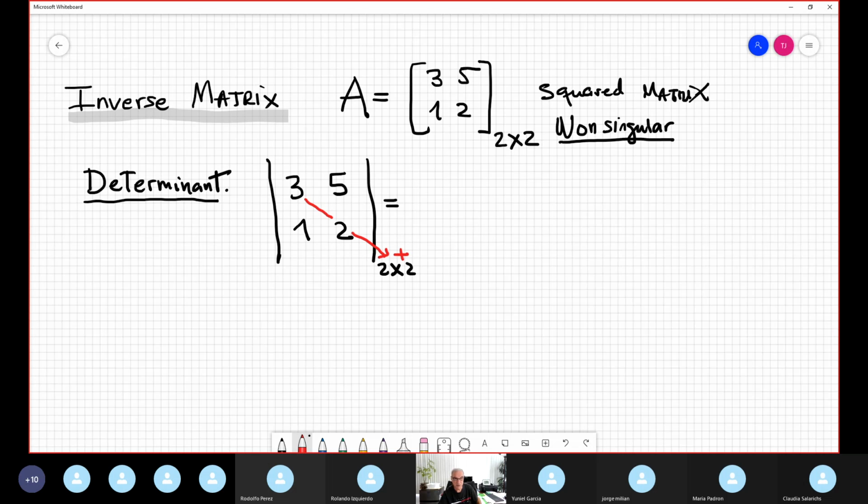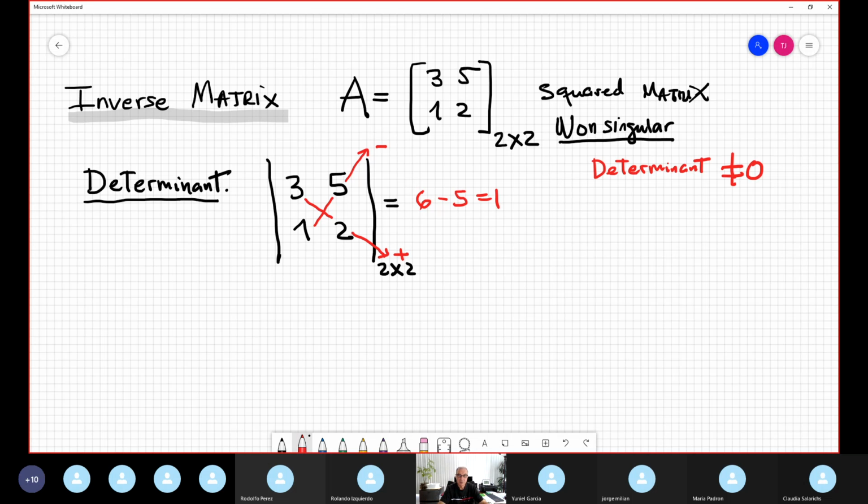So 2 times 3 is 6. And you multiply this number, and you put an extra negative. So it is negative 5. And the answer is 1, correct? So non-singular means that the determinant of the matrix is non-zero.